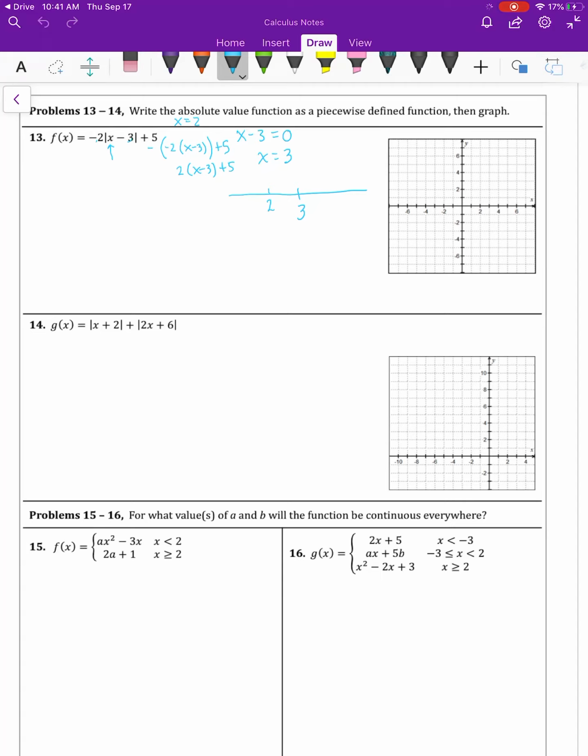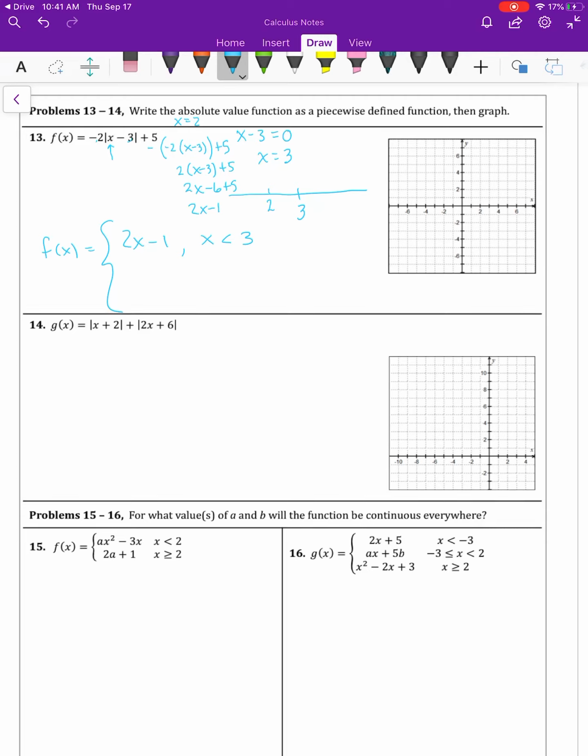And so this is going to end up being 2x minus 6 plus 5, 2x minus 1. So that gives you your piecewise function for everything less than 3.